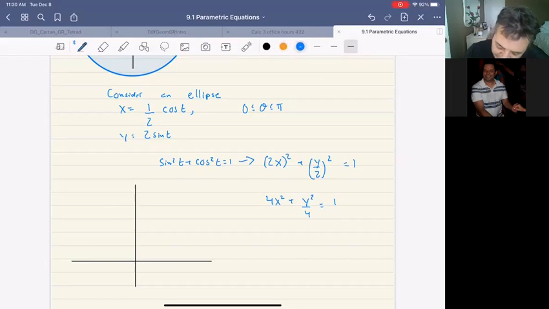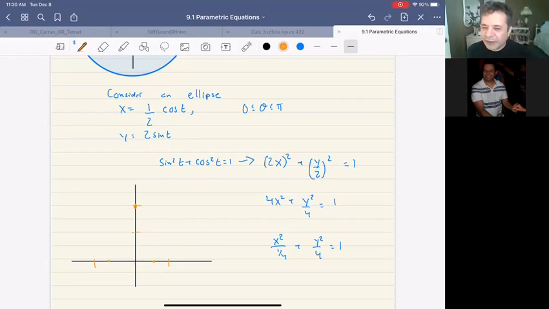I'm going to rewrite this just a little bit. So x squared divided by 1/4 plus y squared divided by 4 equals 1. And so what does this mean? This means left, right, it goes 1/2. Up, down, it goes 2.